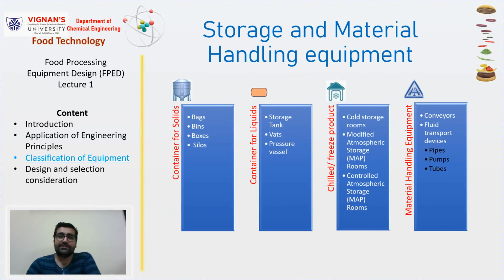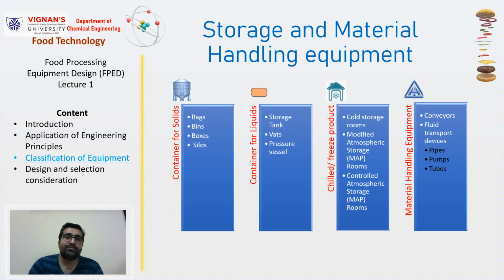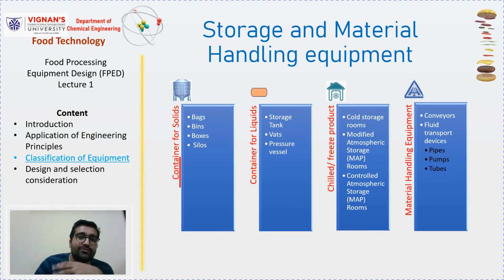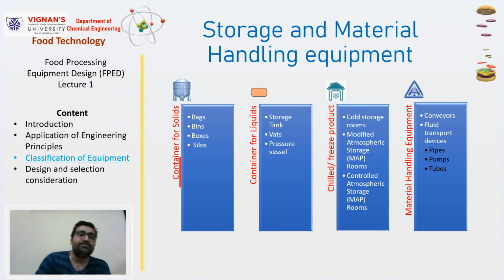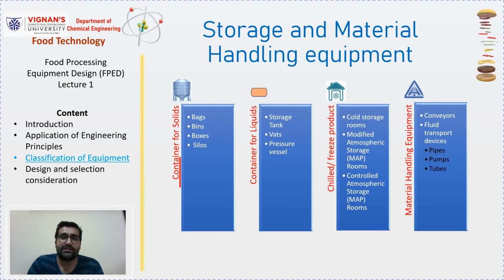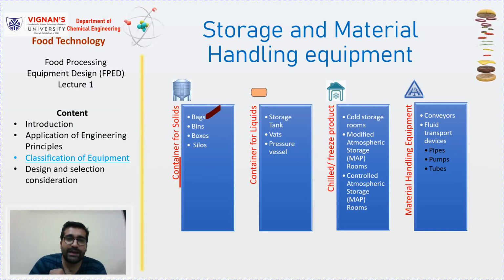The last one is the storage and material handling equipments. First we'll talk about the storage equipments. Based upon the type of our raw material, we are going to decide our storage equipment. For example, if we are going to store solid products, we will go for bags, bins, boxes, or silos.